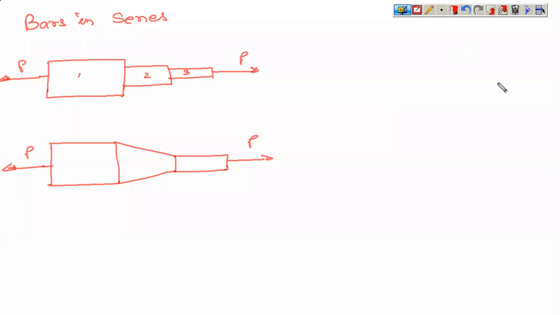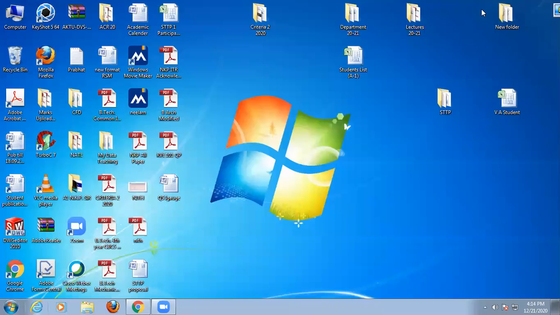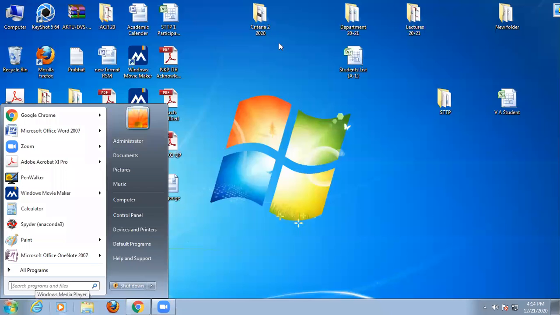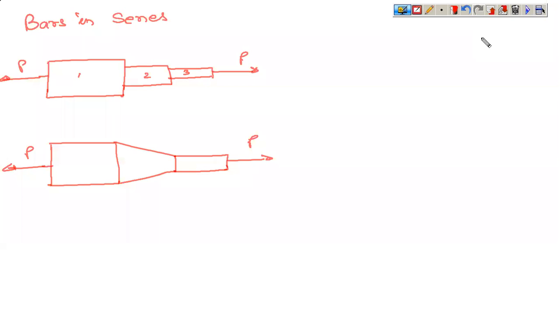Now this is about bars in series. In bars in series, what is actually happening is you have 3 different bars of different shape, size, different dimensions being attached together in series, and they have been applied by a single load P. So if you have a situation like this, then delta L here is given by delta L of 1 plus delta L of 2 plus delta L of 3.